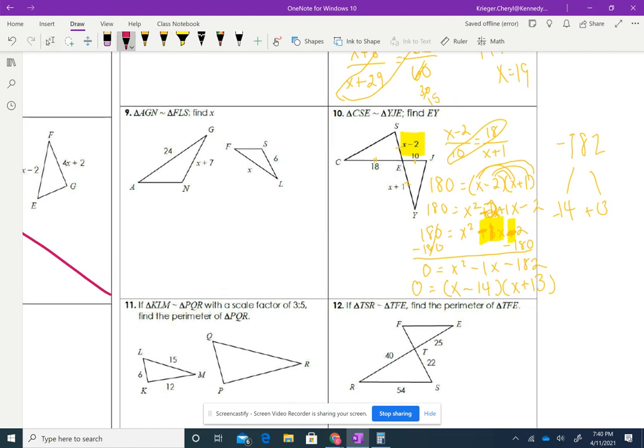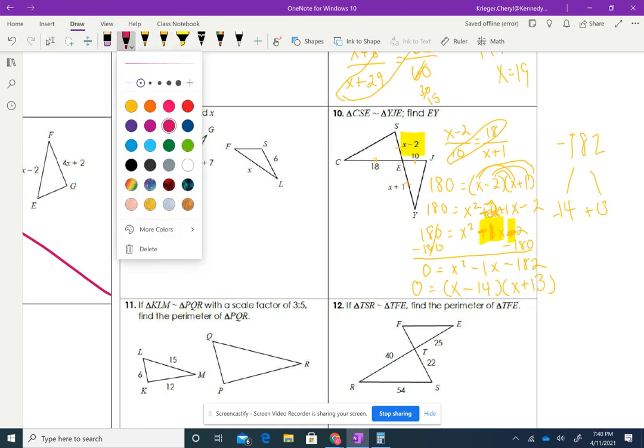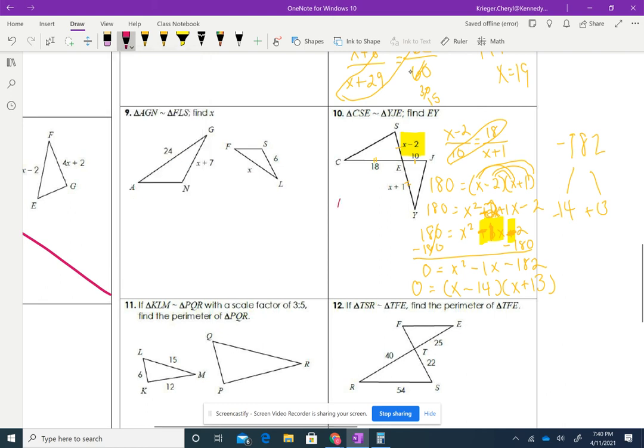Okay, so let me change my color here. I have x minus 14 equals 0, gives me x equals 14. And x plus 13 equals 0, gives me x equals negative 13. So if we're finding EY, this segment is x plus 1. So we could have two answers, or we could have one answer.